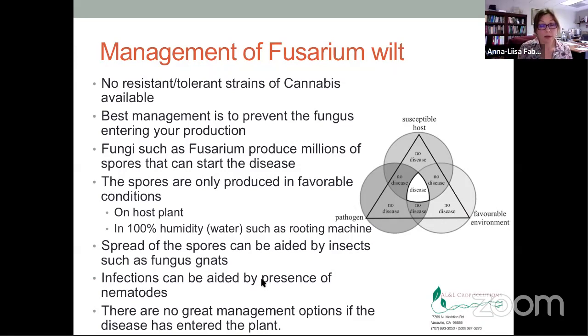And it's quite common with Fusarium diseases that the infections are aided by nematodes. These are little organisms that poke holes in the roots, and Fusarium is not so aggressive that it can make holes by itself. In that root zone, nematodes can assist. They can poke more holes, and Fusarium that way has great access to the roots and infects the plant from there on.